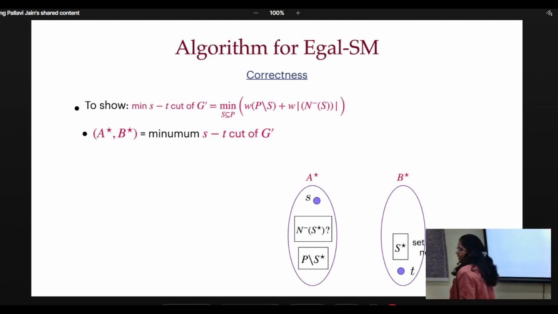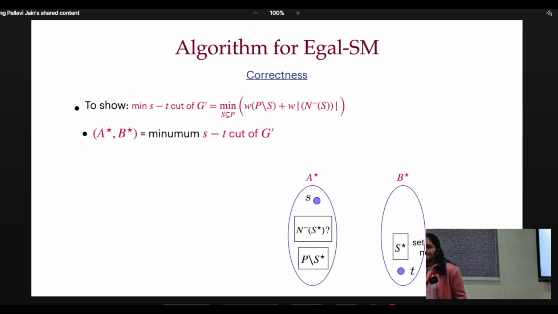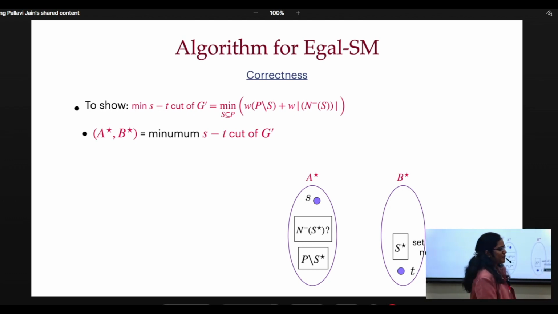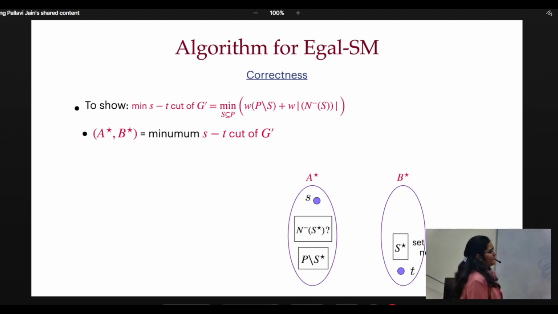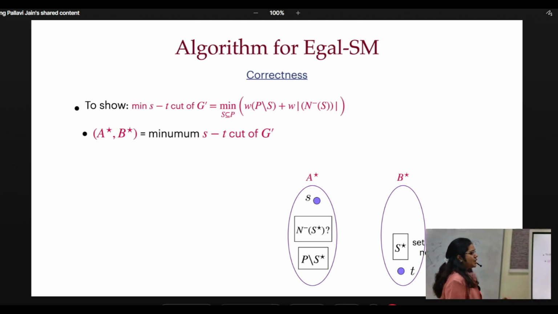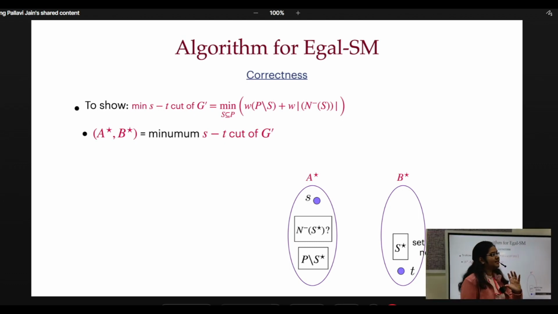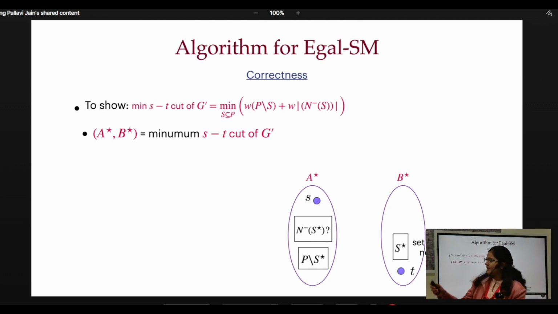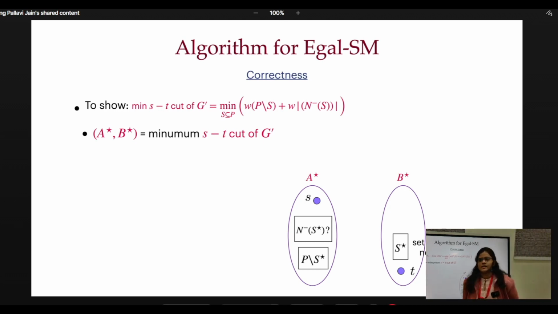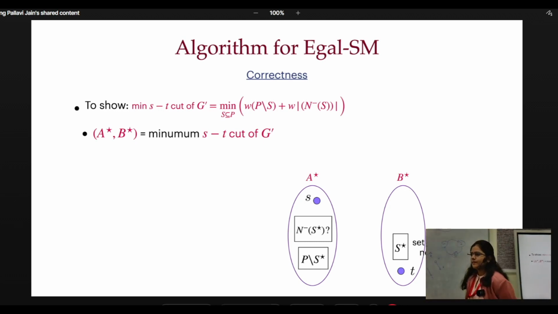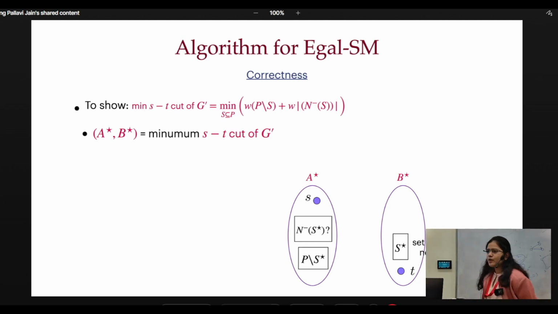Can it be in A star? Just try to relate: if this happens, what is the capacity of the cut?